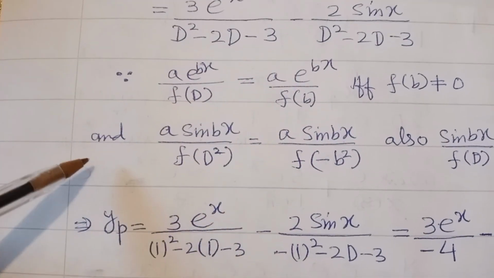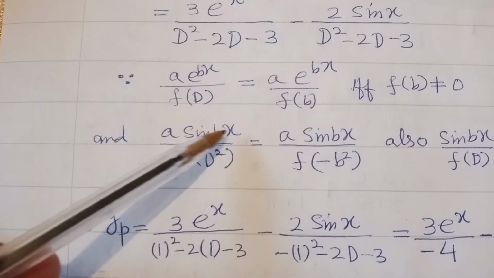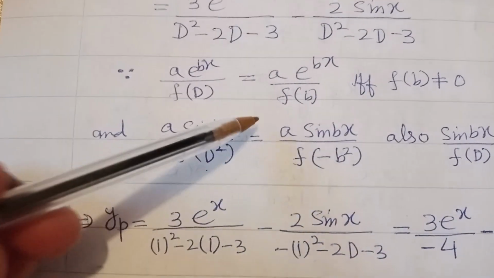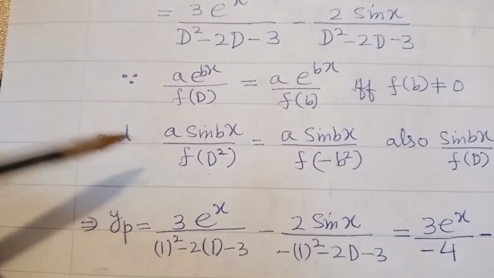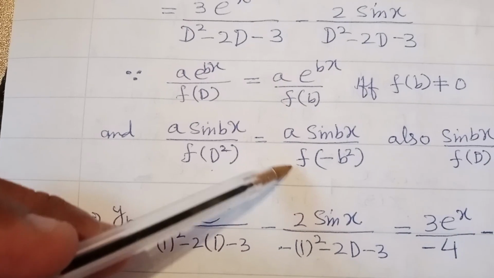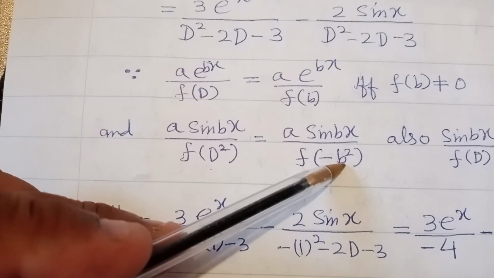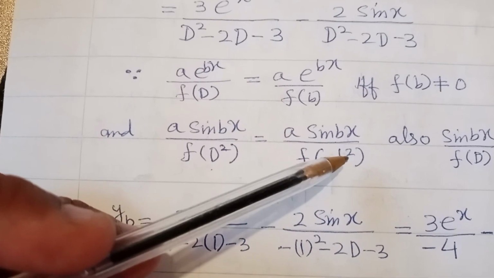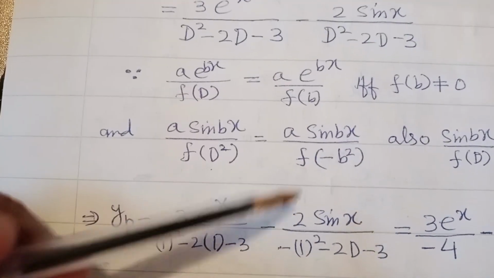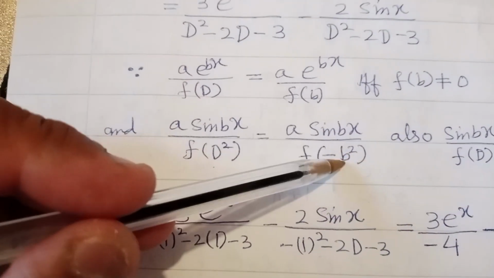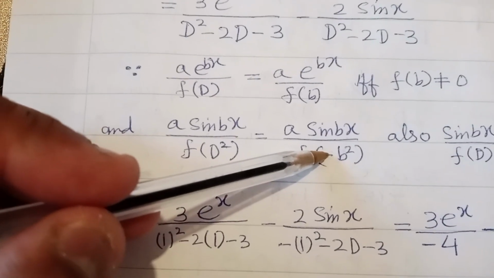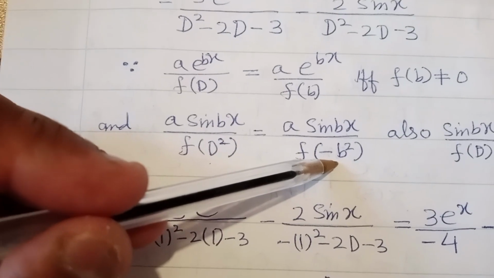And the second formula: a sin(bx) / f(D²) becomes a sin(bx) / f(−b²). Here we replace D² with −b². Remember, the square is only on the b, not on the minus sign, so this negative sign is separate from the b².